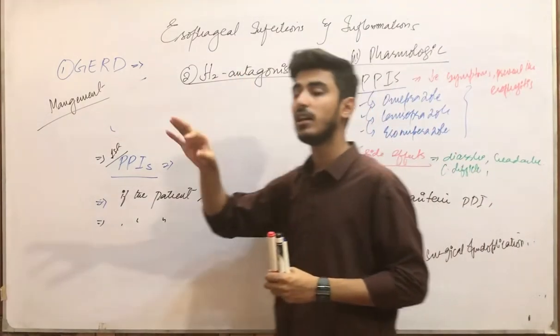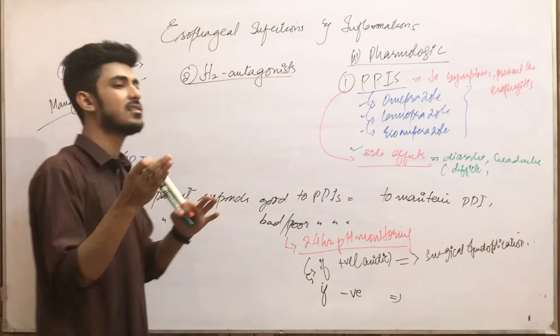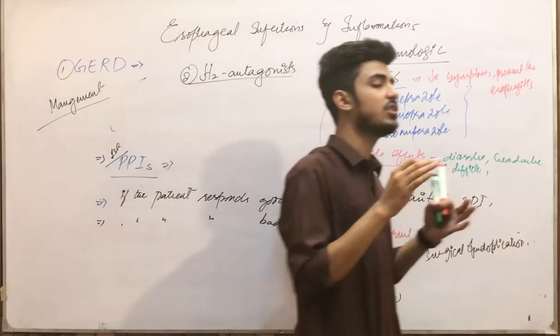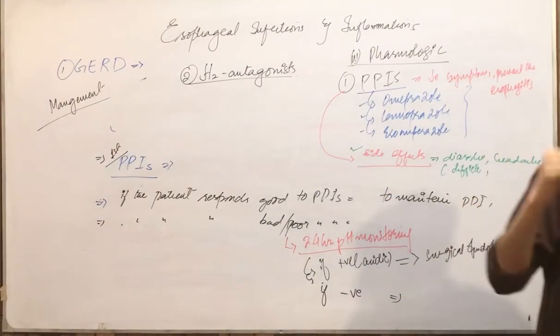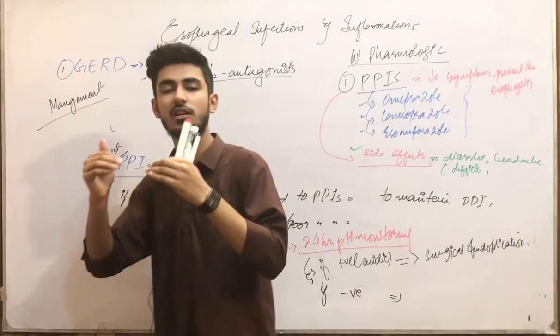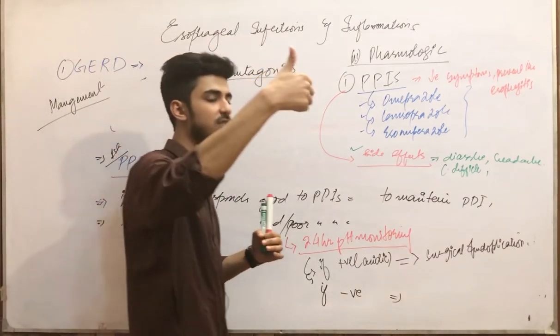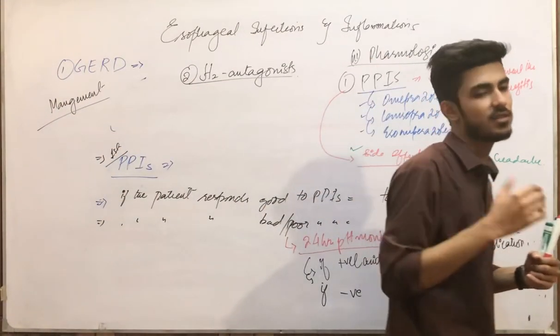So what happens is that the parietal cells do not secrete the acid. In this way the acid secretion is decreased, and when the acid secretion is decreased, the gastric contents, when they move towards the esophagus, will be causing less damage.